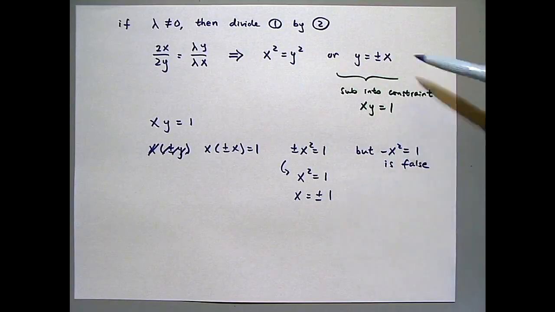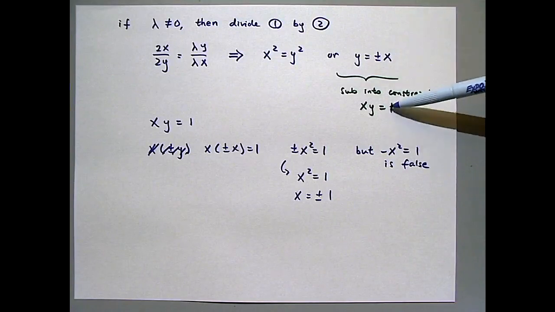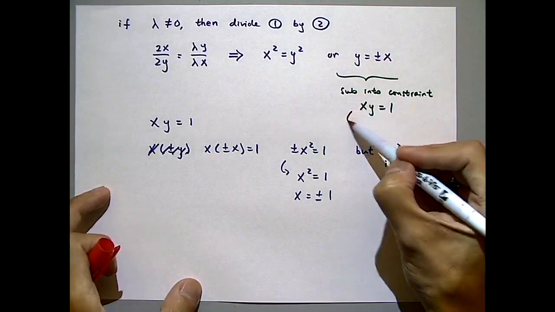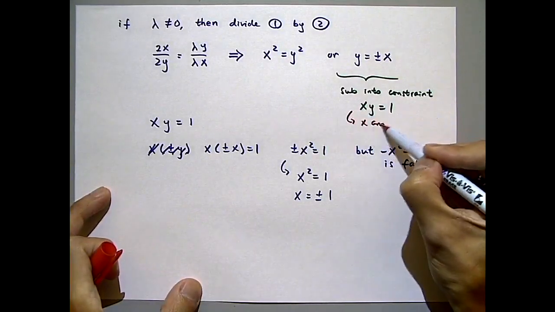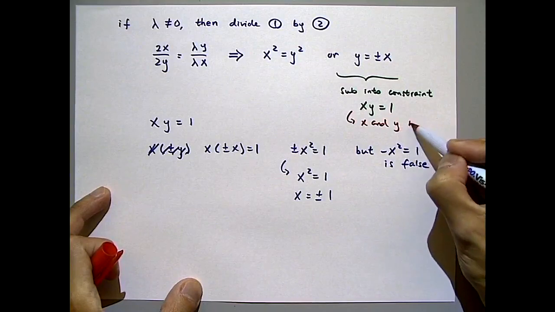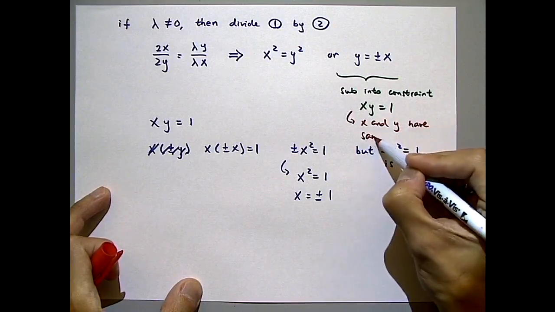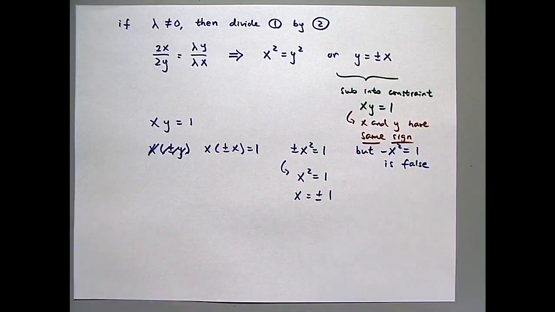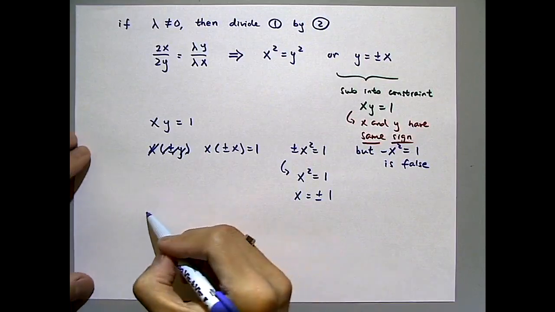There are two choices here, so why not 4? Because x times y has to be equal to 1, which implies they have to have the same signs. x and y must be both positive or both negative. So that's another very important observation we need to make. If they have different signs, they will never multiply to be 1. So 2 points to consider.